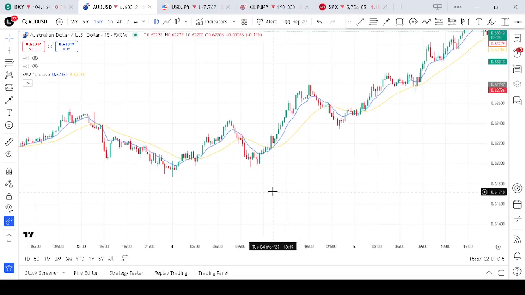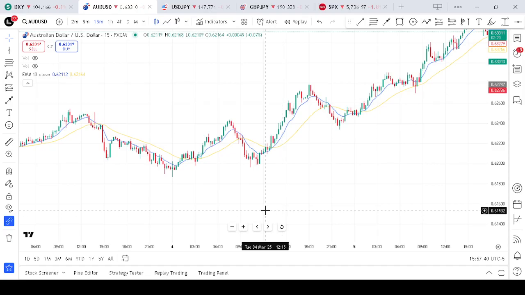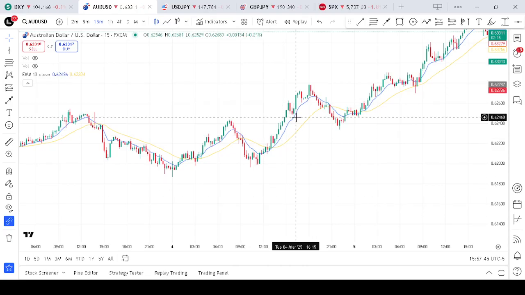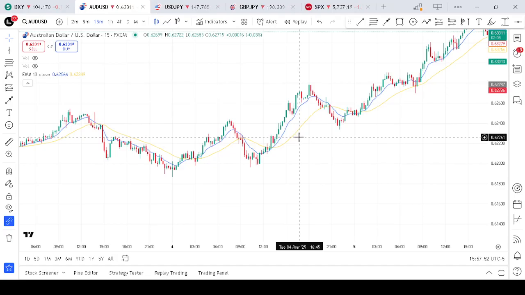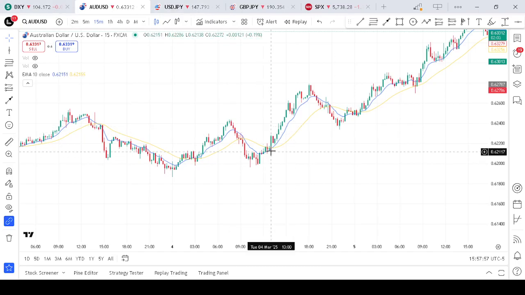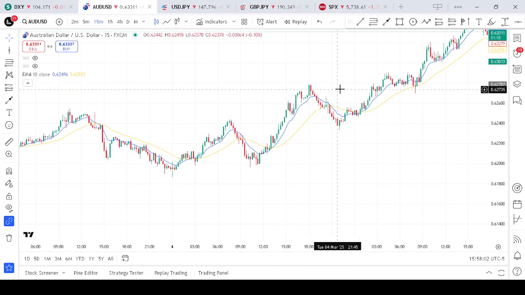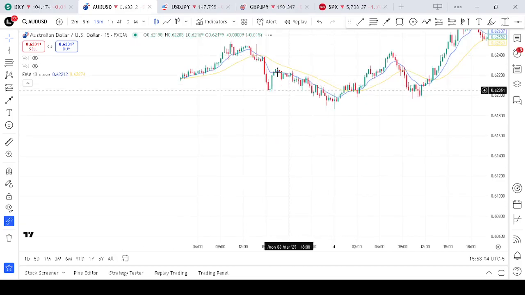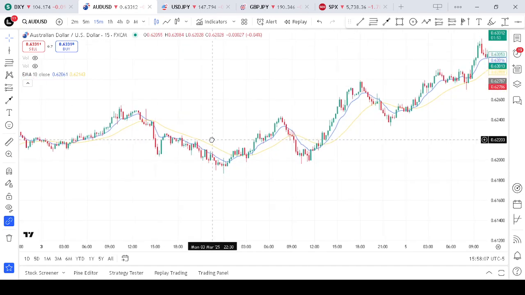When the price crosses above the EMA, it signals an uptrend, while when price crosses below, it could indicate a downtrend, and this responsiveness is crucial for scalpers who need a quick decision based on short-term price movement. As you can see from the chart, the moment the price is above the EMA, it means that we are in an uptrend, and once it's below, it means we are in a selling or a downtrend.